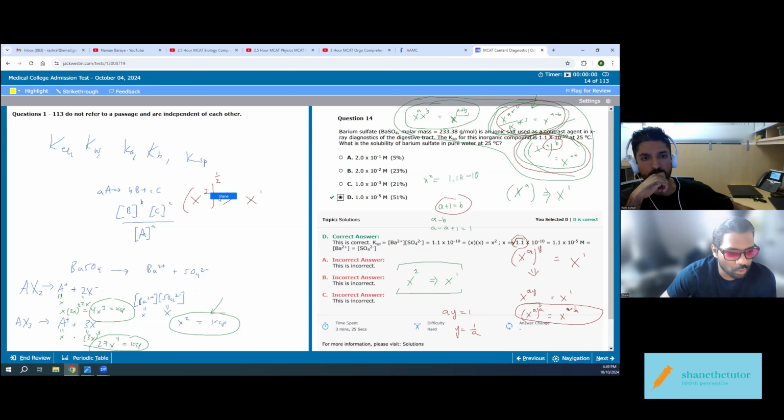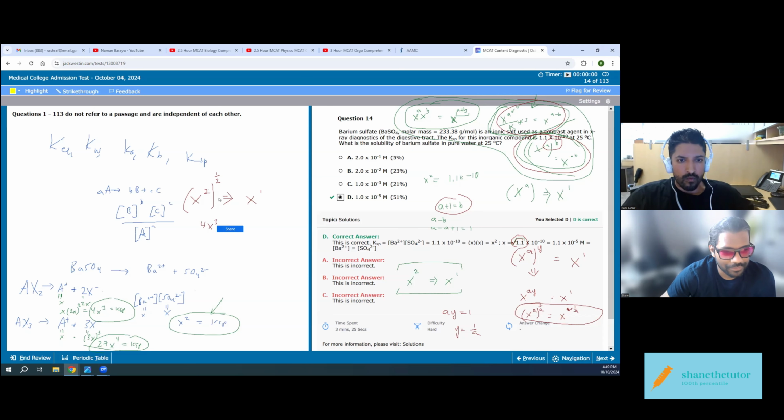Now, what about this though? What if you had the x cubed value? Let's not worry about the 4. Let's just think about the x cubed part.